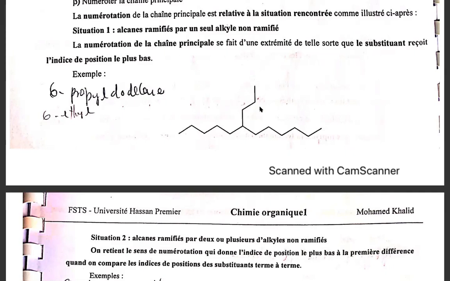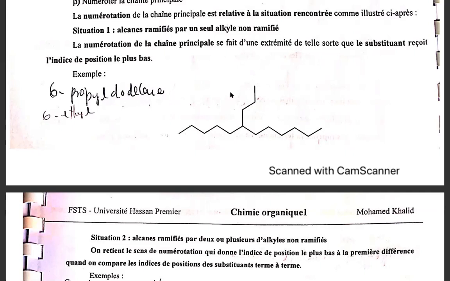This is a substituent with 3 carbon atoms and 1 hydrogen less, so it's going to become a propyl. Then the name will be 6-propyldodecane. Dodecane is for 12 carbon atoms.